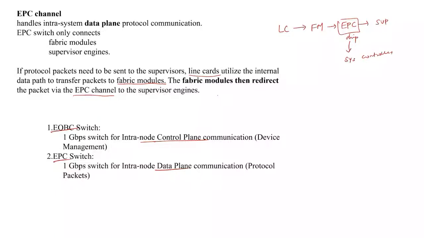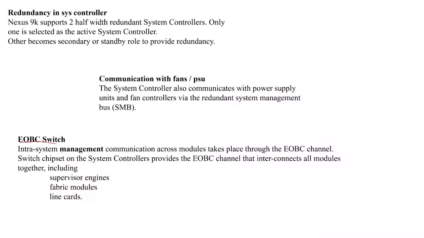That's for the management communication. That is also a chip sitting on the system controller, which facilitates the talking between the line card, the fabric module, and the supervisor engine. So the supervisor engine is managing the fabric module and the line card via that chip present on the system controller.